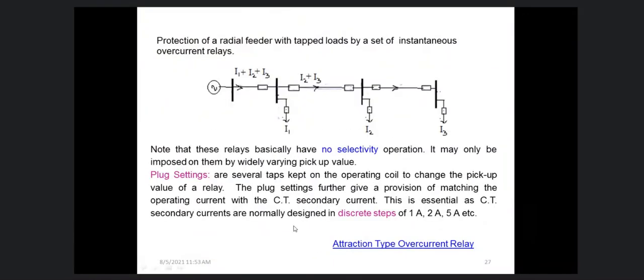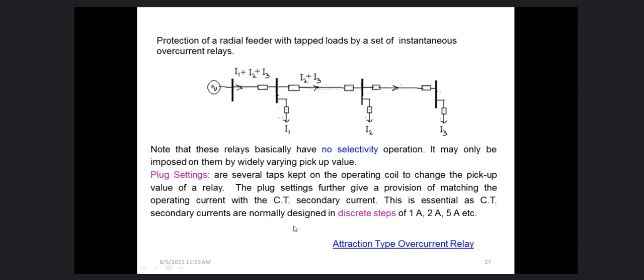So what is the advantage of the instantaneous type overcurrent relay, or the armature type overcurrent relay? One is it can be used instantaneously. So where we need critical protection, we can provide this. For example, single line to ground fault or earth fault protection for a generator. Next, it has no selectivity for the same type of relay.